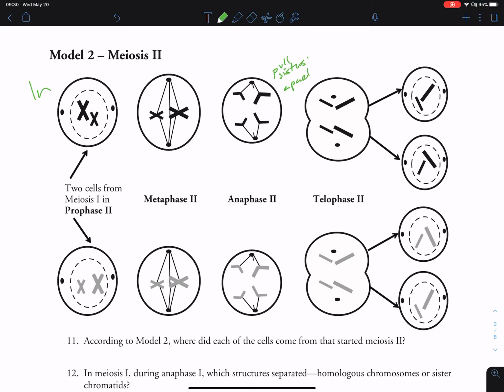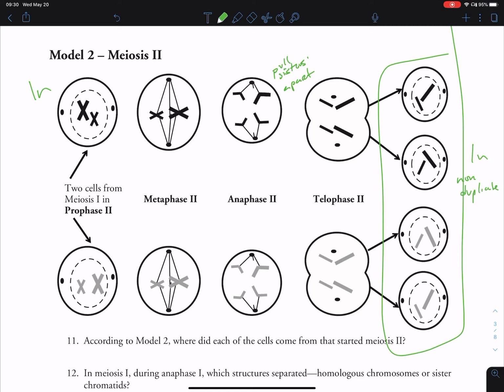So now at the end, when I have my ultimate cells here, I have 1N non-duplicated. So I have one version of 1/2 of my starting DNA, if that makes sense. I hope that makes sense.